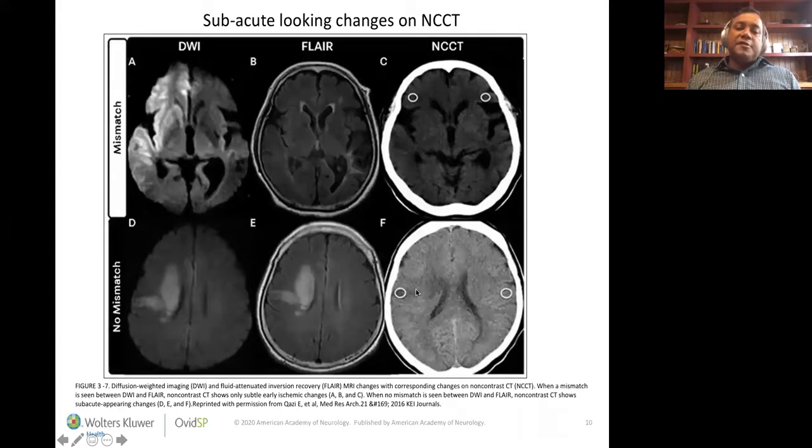Now, how do you assess just on the non-con CT if you don't have the MR? You just look at the corresponding white matter on the opposite side. If it is normal looking white matter, compare the attenuation characteristic of the normal looking white matter with the attenuation characteristic on the abnormal side of the lesion. And if the attenuation of the lesion is lower than the normal looking white matter, that is subacute looking changes, or tells you that there is no DWI-FLAIR mismatch, that there is probably a higher risk of bleeding.